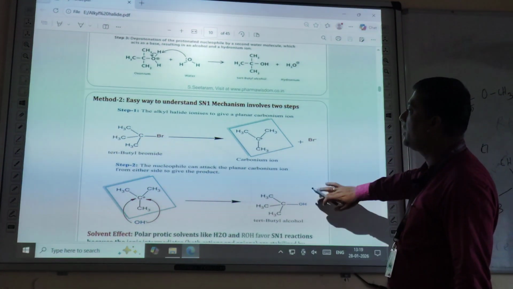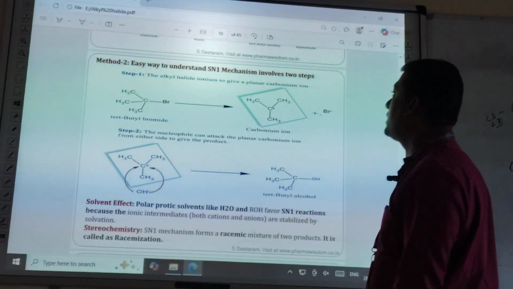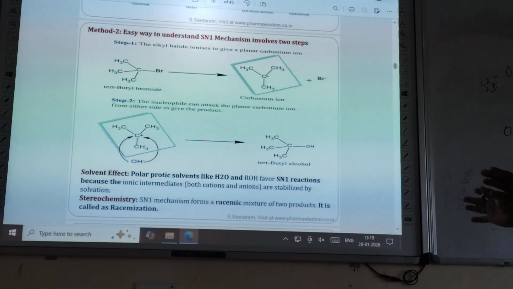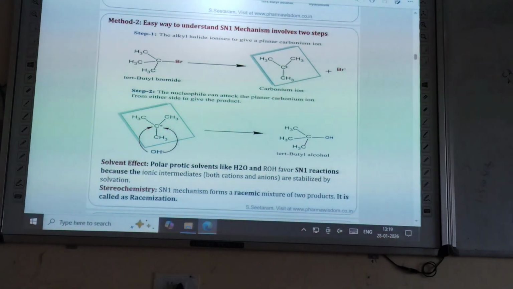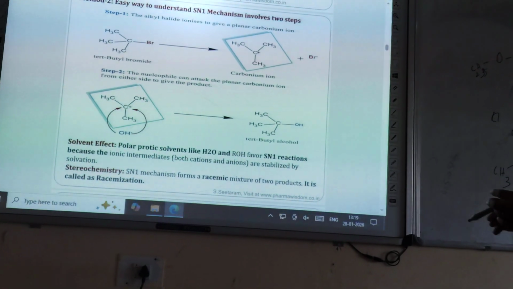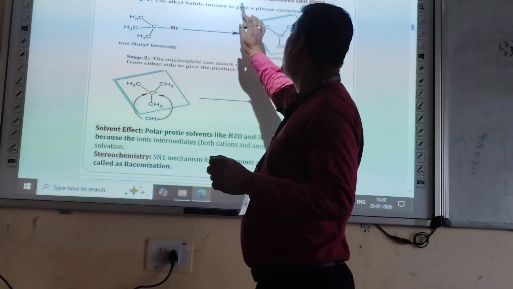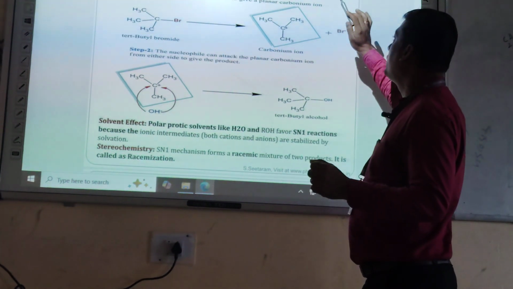Then, at the intermediate level, this is an easy way to understand the SN1 mechanism. Instead of the 3-step mechanism we have studied, for easy understanding it involves 2 steps. In the first step, the alkyl halide ionizes to give a planar carbonium ion.